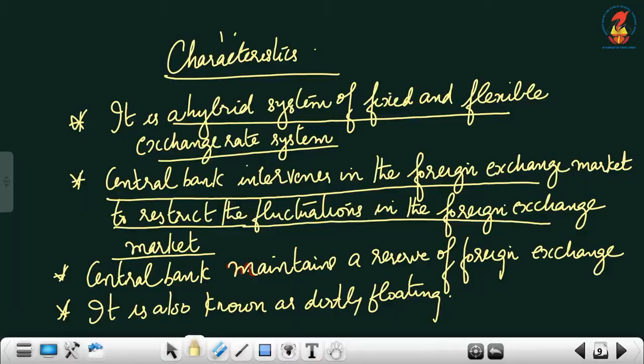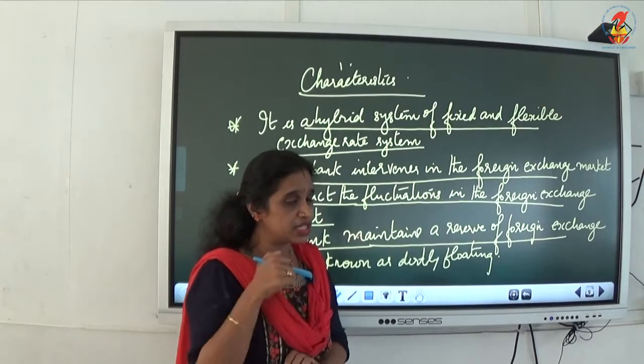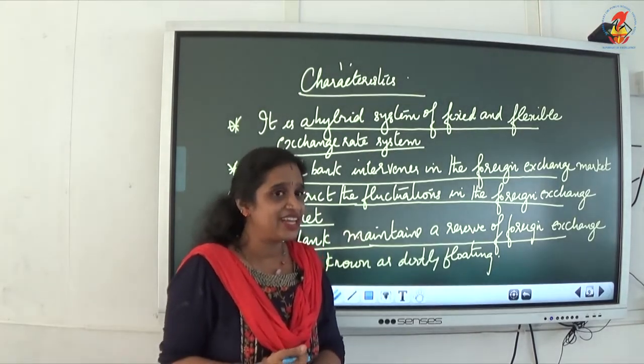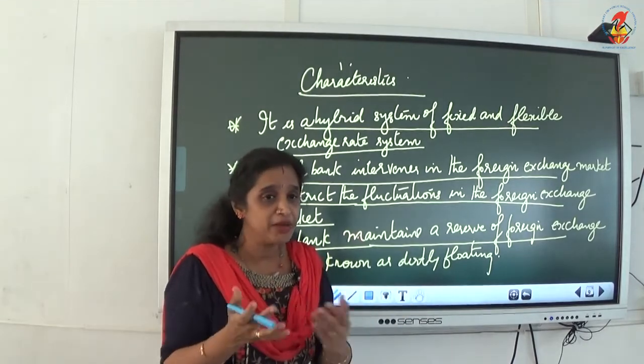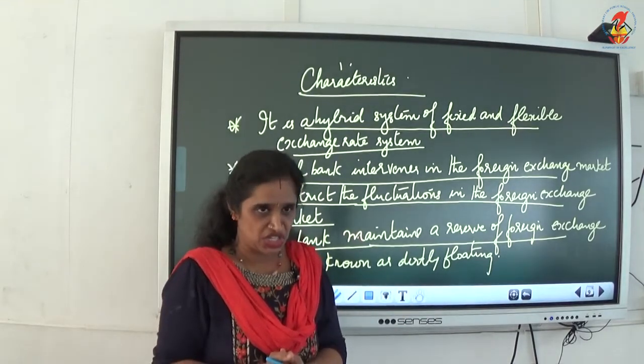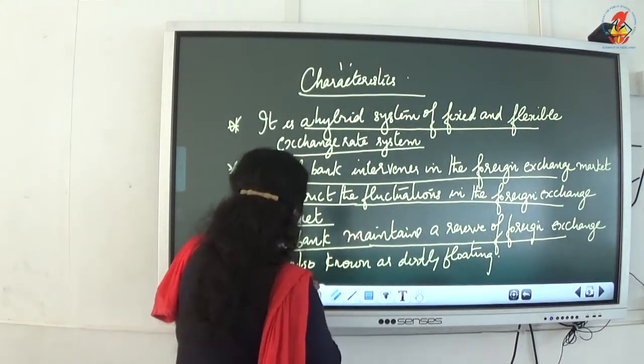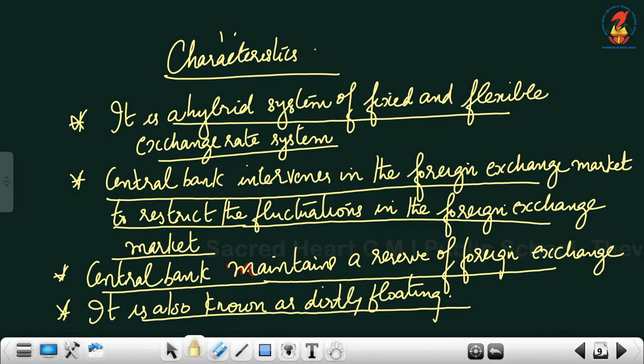Now next, the central bank maintains a reserve of foreign exchange. In this system, the central bank will maintain a reserve of foreign exchange by selling and buying it. It is also known as dirty floating. There is nothing special in that name.